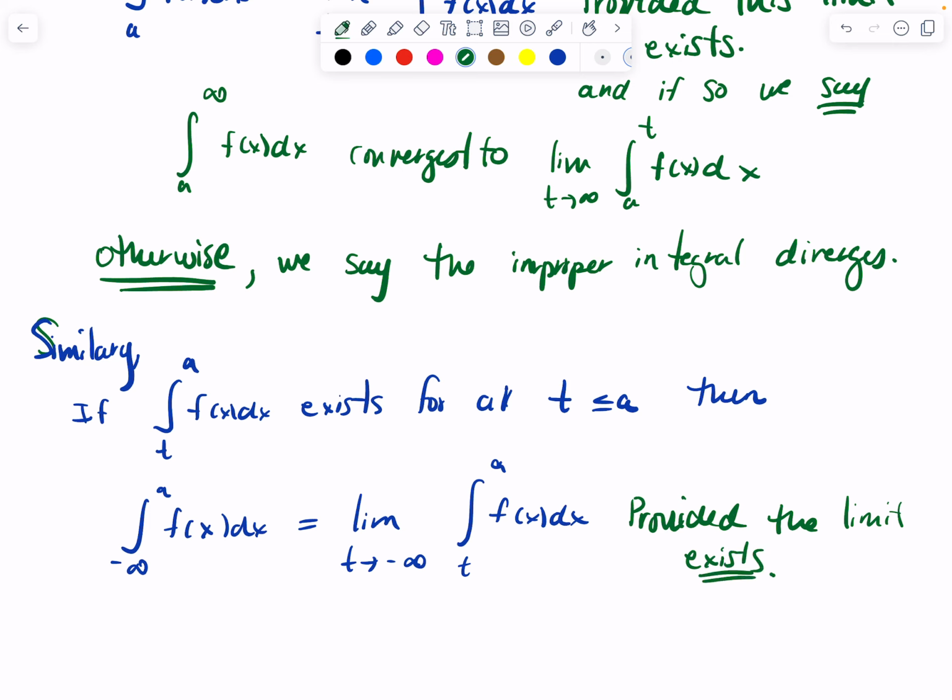We say it converges to that limit, otherwise we say it is divergent.